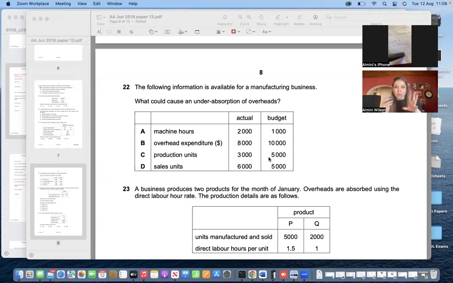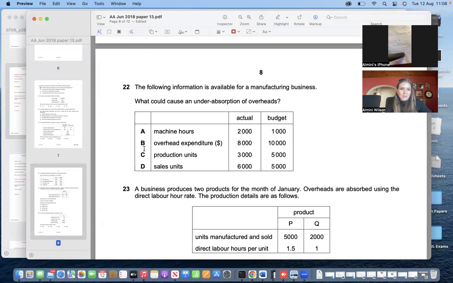That means if you think about the cloud and the raindrops that come out of the cloud, the raindrops were less. You thought you could split it into five things that you're making, but now you're only making three. So now you would have an underabsorption because you're producing less than you thought. Selling for now is actually irrelevant. So I actually want to go with question 22C.